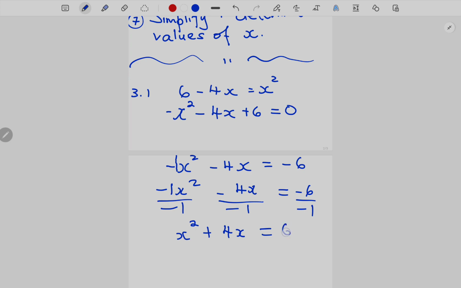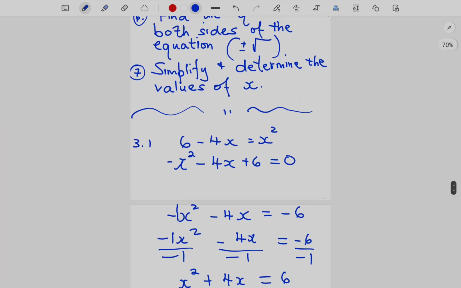Then the answer is positive 6, because the coefficient of x squared must be positive 1. So here now we've got a positive 1, but there's no need to write it. Okay, let me erase so that it cannot cause confusion. So we've got x squared plus 4x is equal to 6.